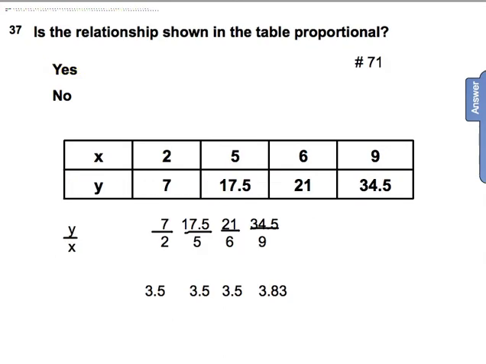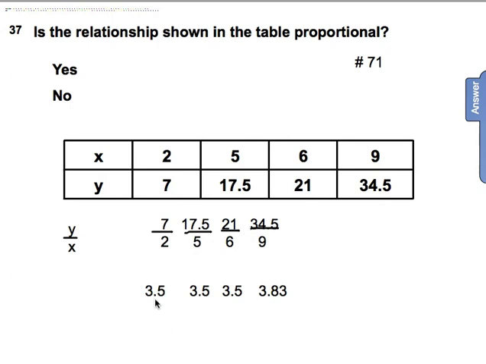Let's take a look at one more because it's a little different. So here we have our X and our Y, just like we've been writing in. Only this time we don't have any labels, but that's fine because we still know it should be Y divided by X. So if we take our Y column and divide by X, we have 7 over 2, 17.5 over 5, 21 over 6, and 34.5 over 9.